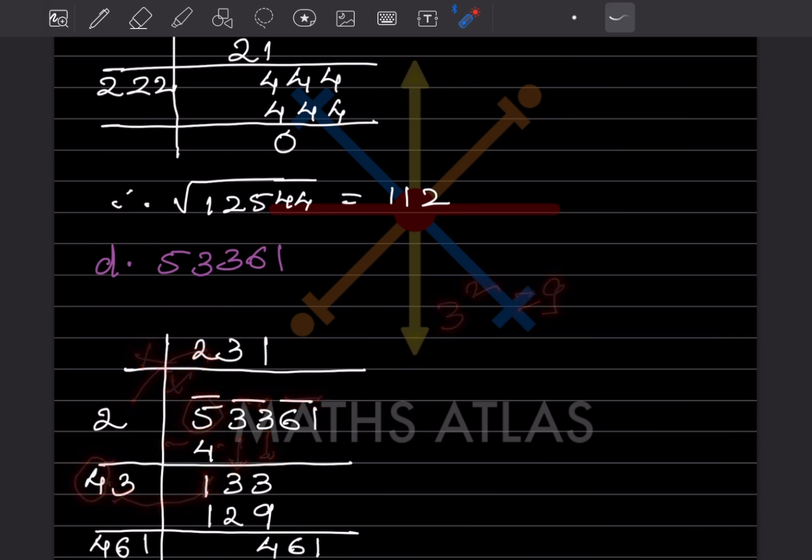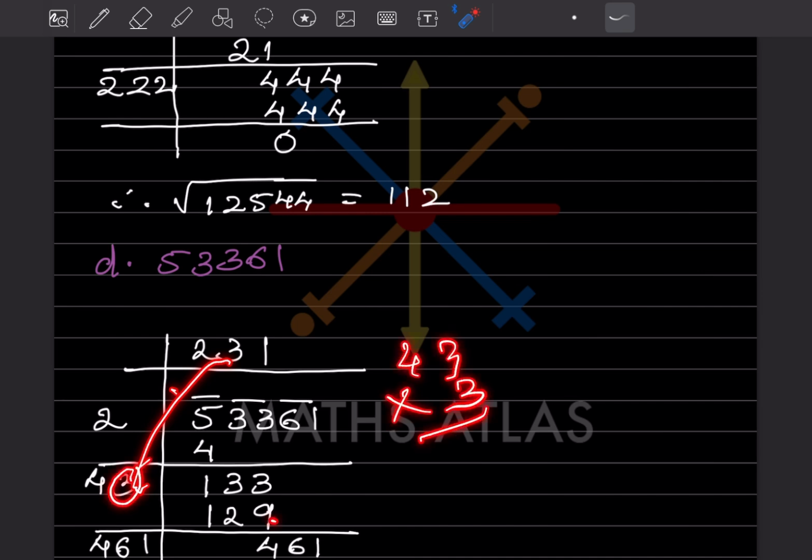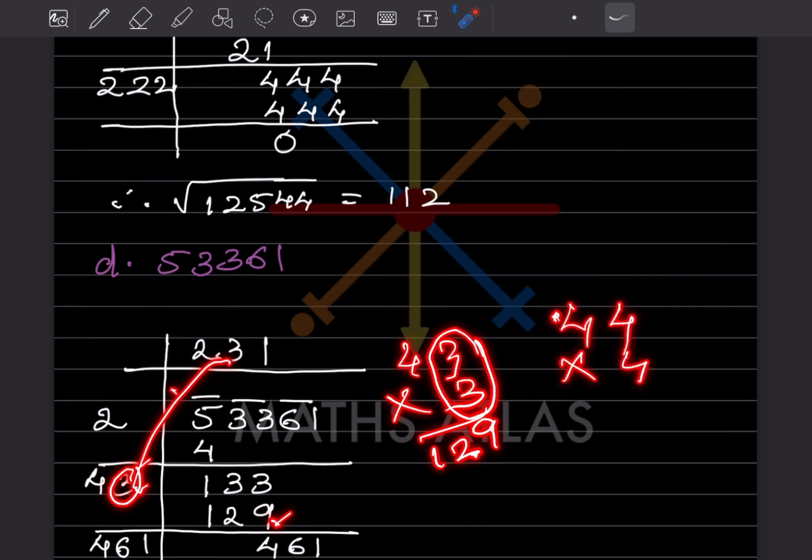So now you are going to see for this 3. So 43 times 3 is going to be, here you are going to write 3. 43 multiplied by 3. So whatever you write, this should be repeated, the same number. That is 129, because if you are taking some other number, if we take 44 into 4, that is going to be 176.